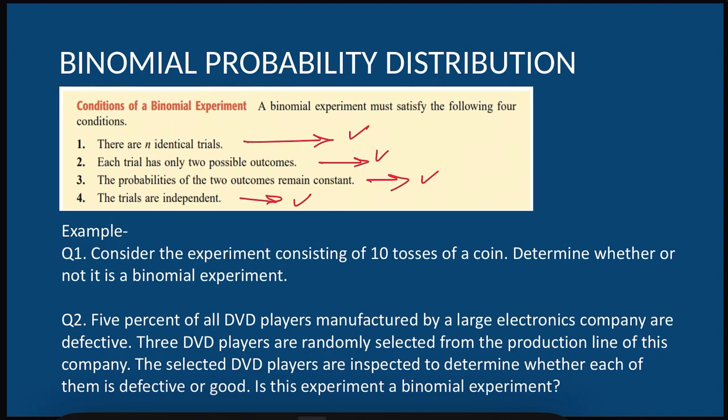So consider the first example. In the first example, the coin is tossed 10 times, and we have to determine whether it's a binomial experiment or not.